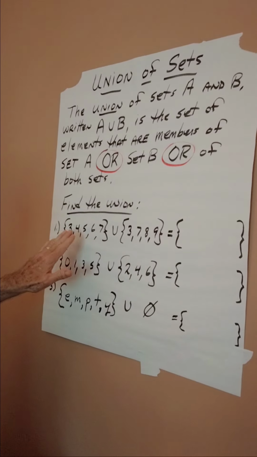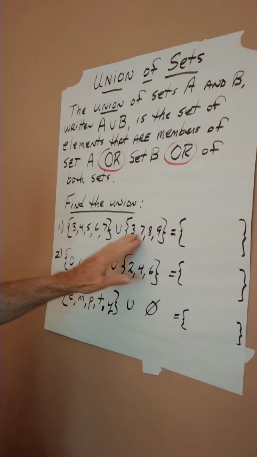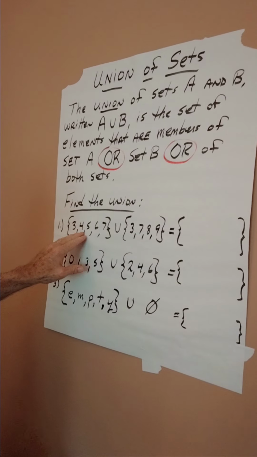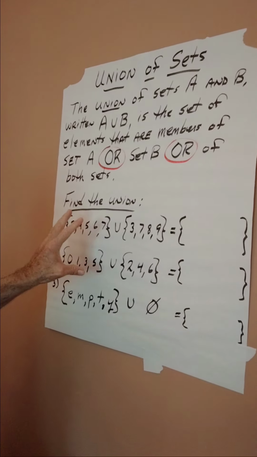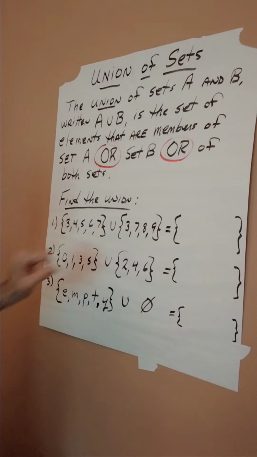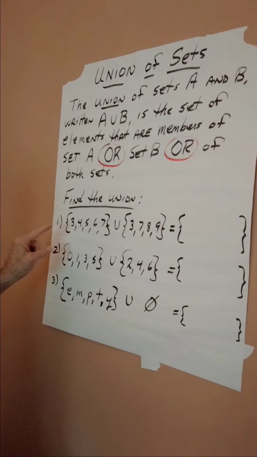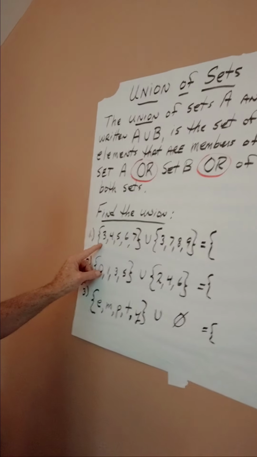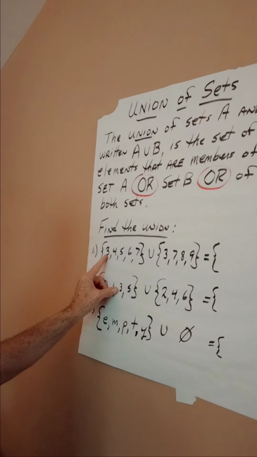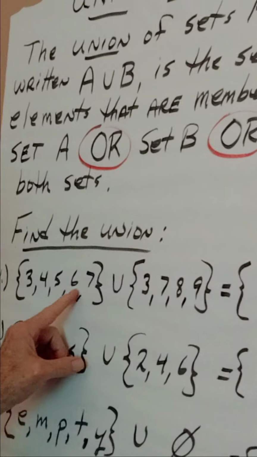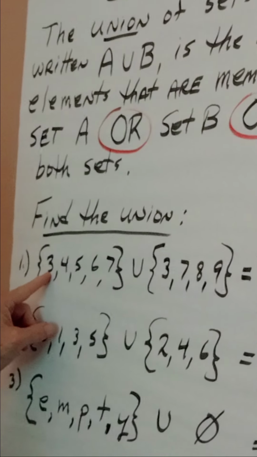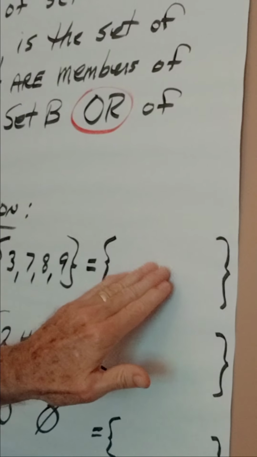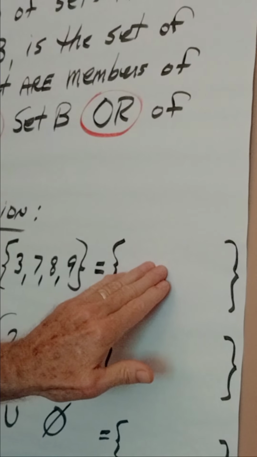So let's take a look at number one, and let's form the union of these two sets. The easiest way to form the union of two sets is to look at the first set and write down all of the elements that you see in that first set. We'll write all of those down in this device that's going to show our answer.